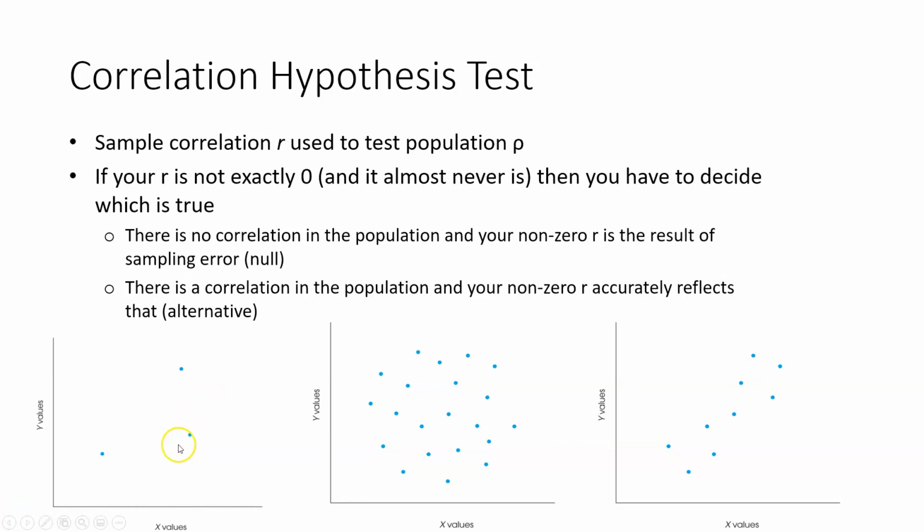In order to make the guess about whether this sample reflects a population where there's no correlation or a population where there is a correlation, we have to be able to compare the strength of the covariability between these two variables against how much variability is in each of the variables by itself.